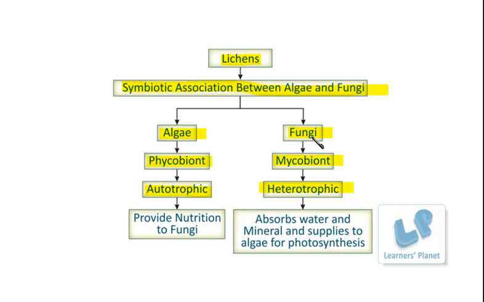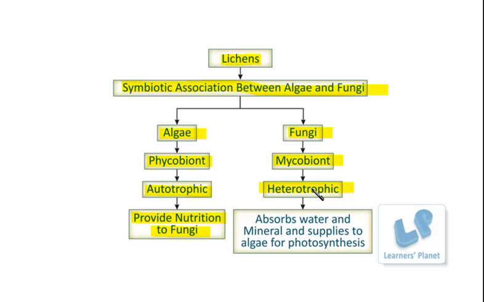So in this association, algae being autotrophic can provide nutrition to the fungus, whereas the fungi, being heterotrophic, cannot synthesize its own food, so that part is fulfilled by its other partner, the algae. On the other hand, it is providing advantage to the algal partner also.